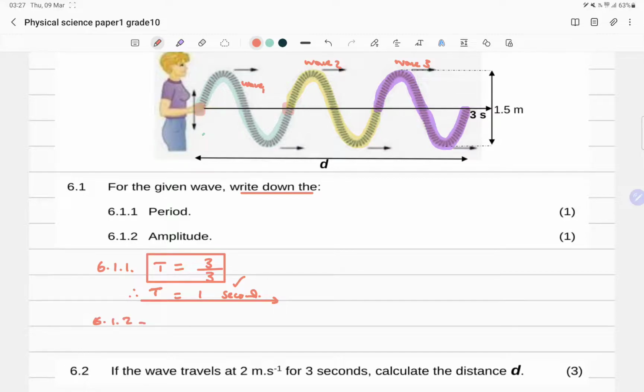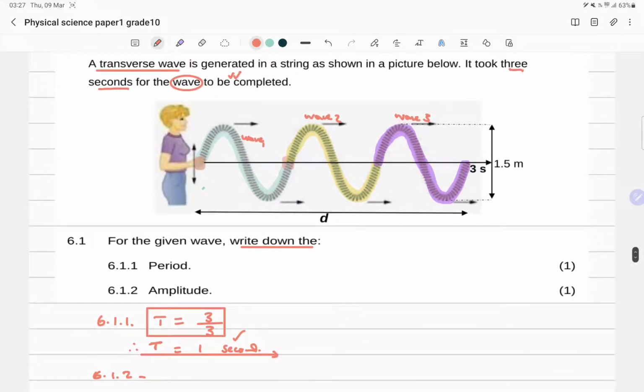So 6.1.2. It says now the amplitude. We know that the amplitude is the maximum displacement from rest position. Rest position is this straight line right here to the peak, or to the trough, whichever you choose. You pick what you want, but we can see that from trough to peak it's 1.5 meters.